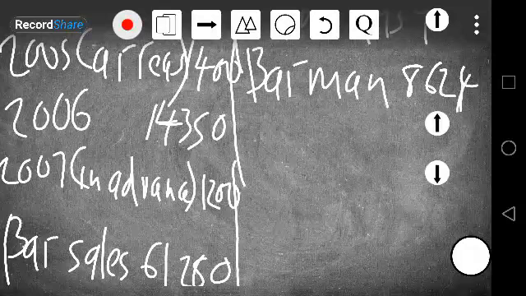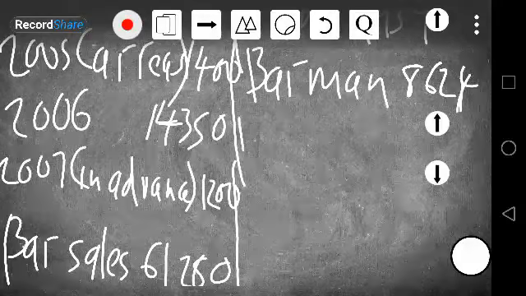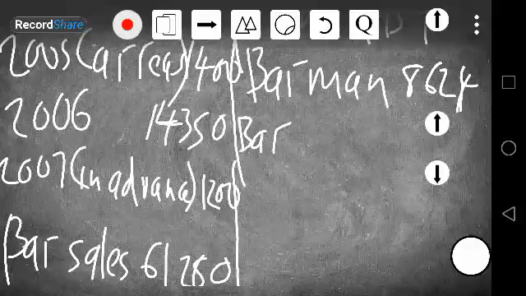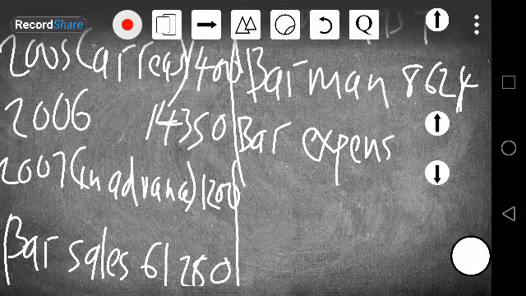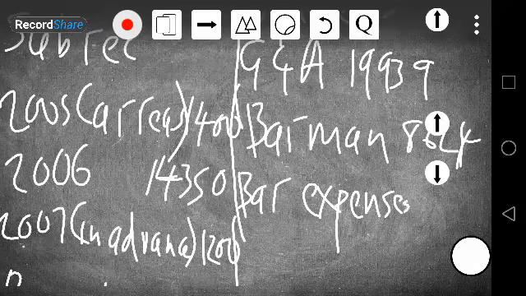Then we have bar expenses. For bar expenses, we have 234.